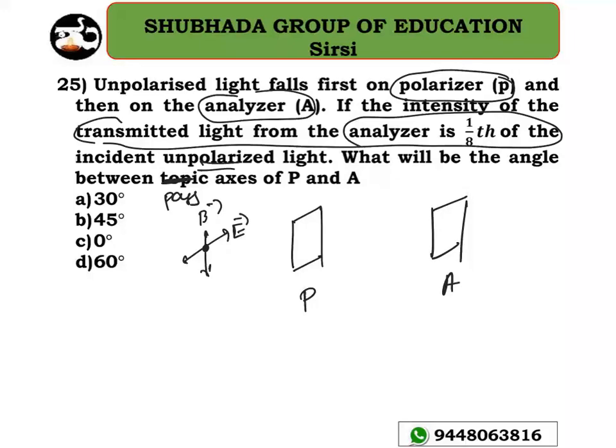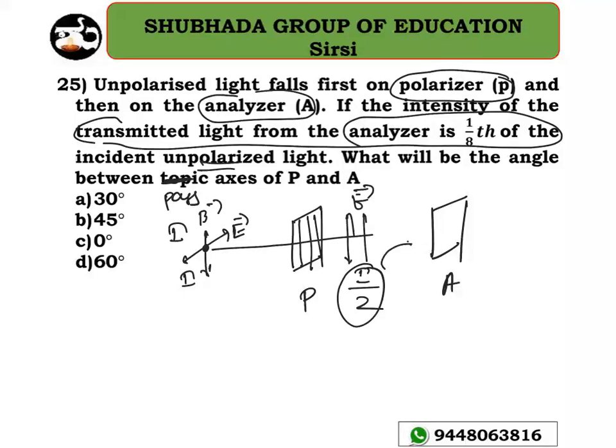Once we pass through the first polarizer, only one field will be there. That's the reason the intensity of the incoming light is reduced by 2. If the incoming light is I, the intensity passing through the polarizer is always I by 2. So this I by 2 will be the intensity of light falling on the analyzer.